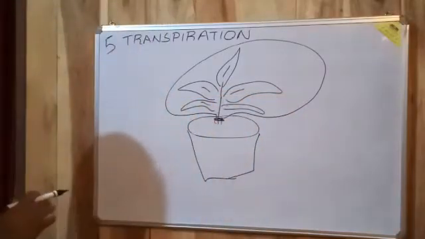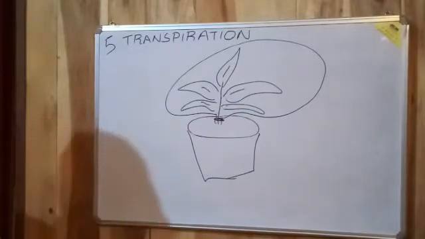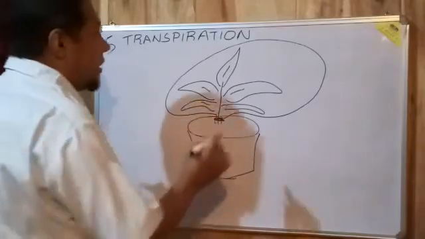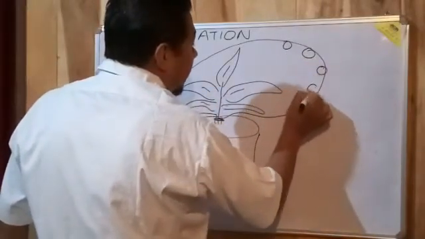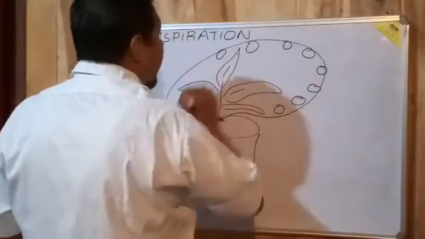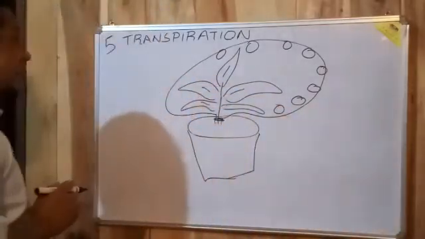Now, this entire setup, we leave it in the sun for at least about 3 to 4 hours. After 3 to 4 hours, what do you see? You see droplets of water on the inner surface of the plastic bag.